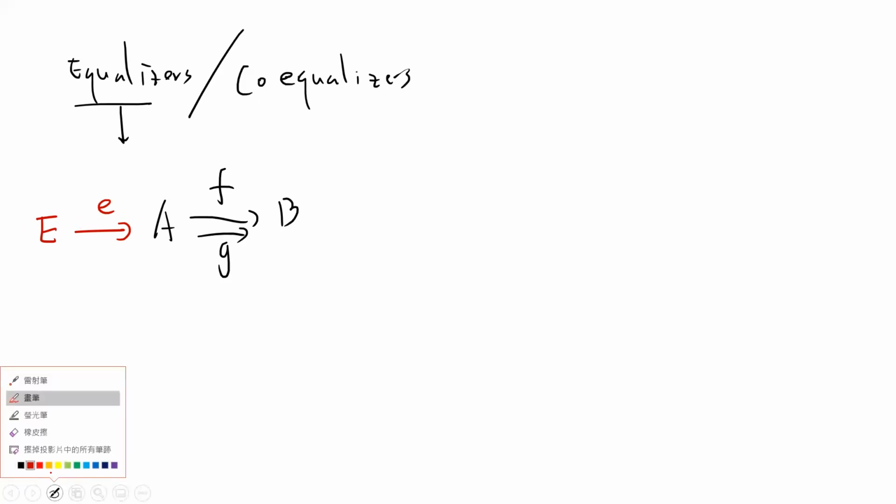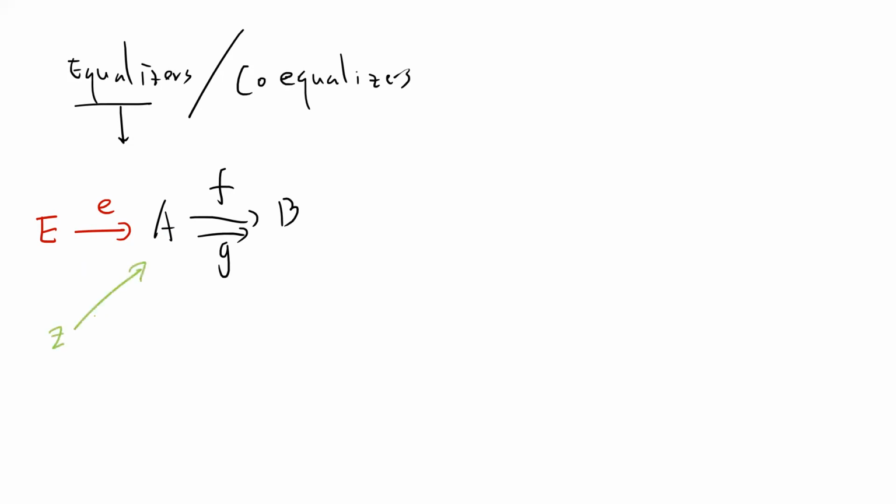And also we have some property, right? Such that we must have F e equals G e, such that if you have any Z, let's say this is large Z, a morphism small z mapped to large Z, such that F circle z equals G circle z, then we must have a unique morphism which sends Z in, so that our diagram commutes.